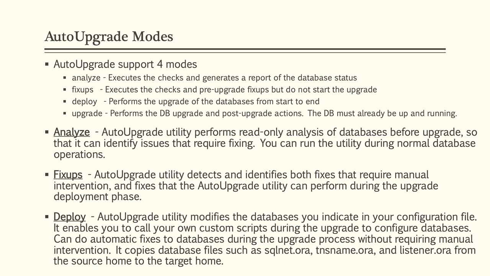The AutoUpgrade utility in this case would perform read only analysis of the databases before the upgrade, so that it can identify what are the non-compliances or the issues in your source database which require fixes to be deployed. Those fixes, most of them are automatically deployed, and in some rare stray cases you may have to do some manual intervention, and you can run this utility even when your source database is running.